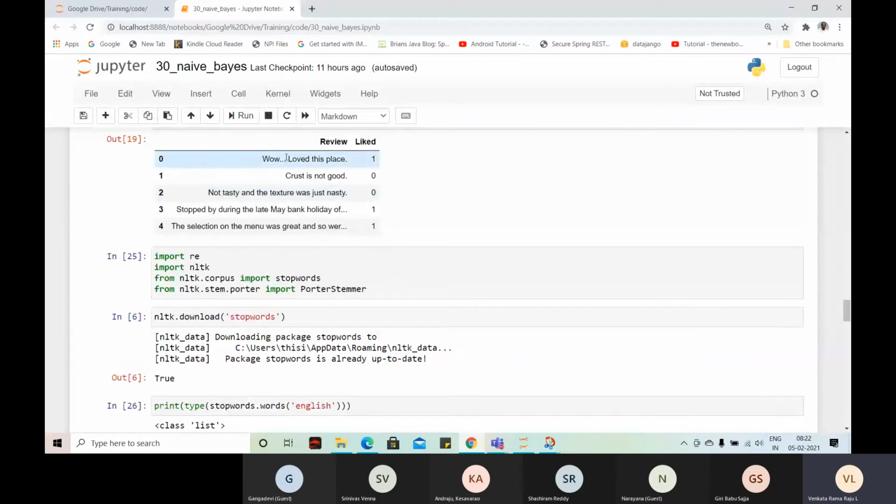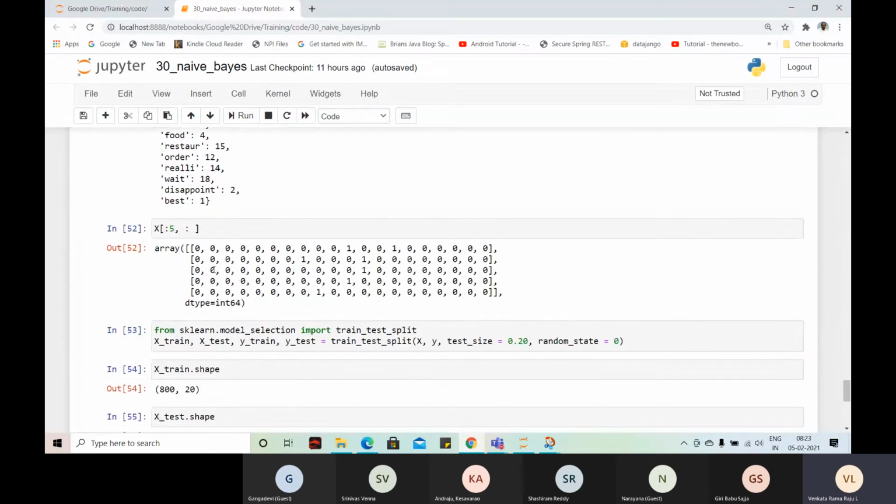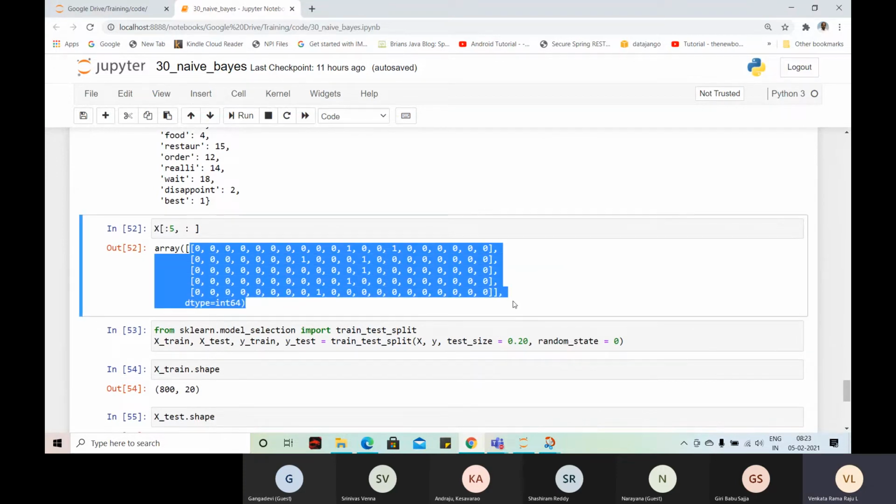But if you look at this data and the way we converted that into numerical form, will there be a strong relationship between the input variables? When you do count vectorizer on text data, will there be a strong correlation or weak correlation between the input features?